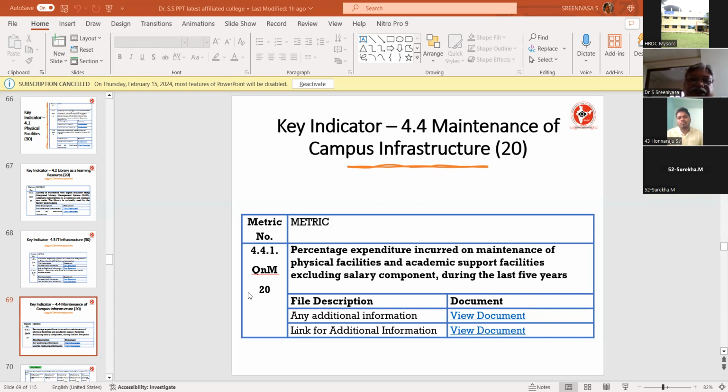This is one question with 20 into 4, that means 80 marks. If you want those 80 marks, you say that the maintenance of infrastructure, physical facilities, computing machines, etc., has to be done properly, and for that some budget has to be allocated. This question says yes, we need this, so please allocate money. Otherwise it is not possible to maintain the instruments.